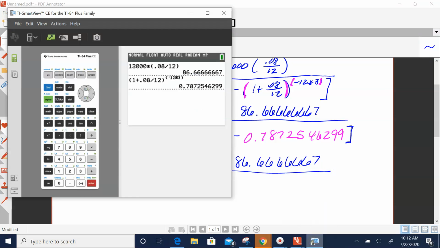I know that I need 1 minus this value, but I'm just going to do that value minus 1, because I don't feel like retyping that value in. I know the sign's going to be wrong because I did 0.78 minus 1 instead of 1 minus 0.78, but I've got the right value for 1 minus 0.78725.